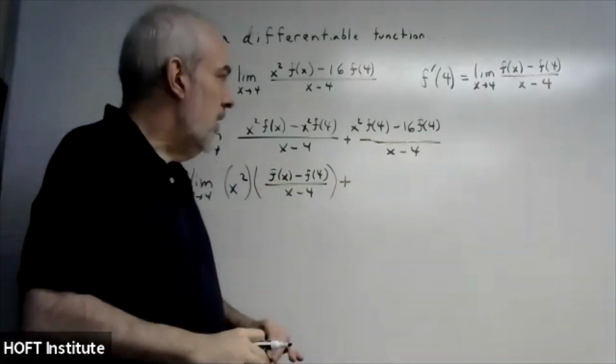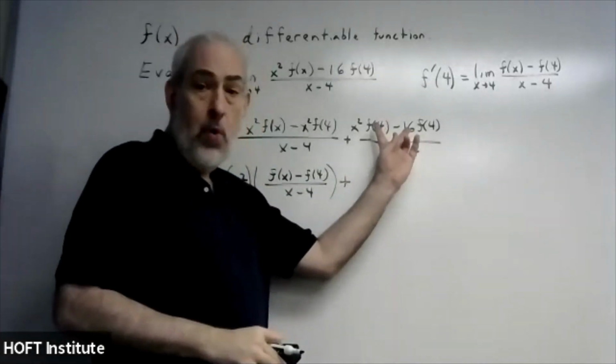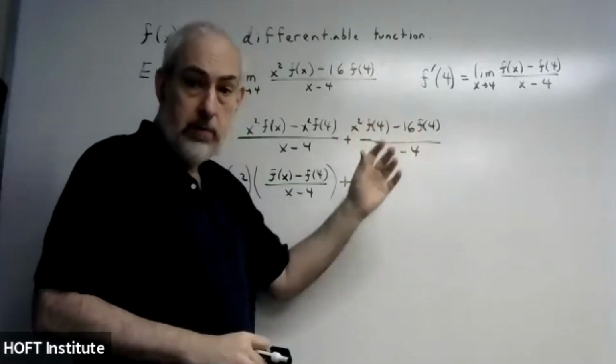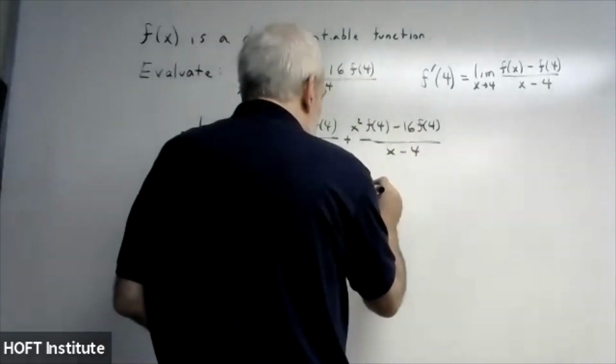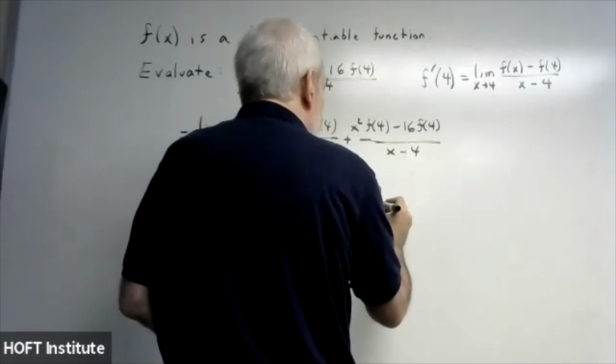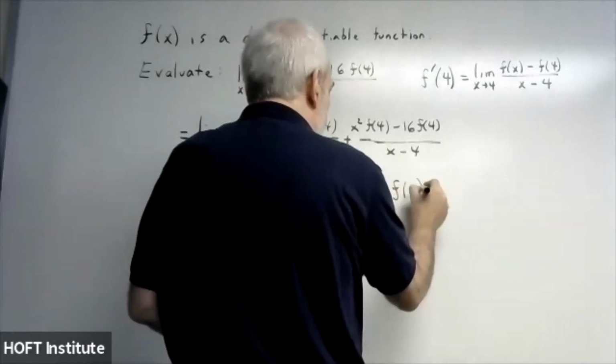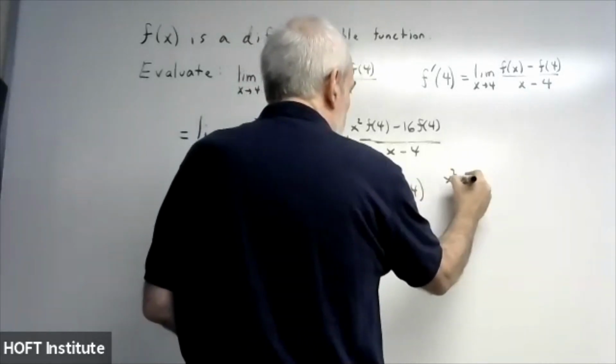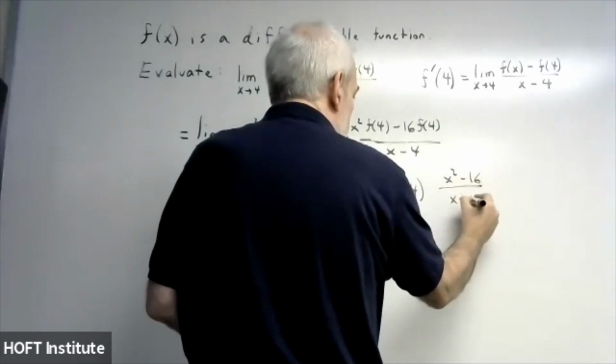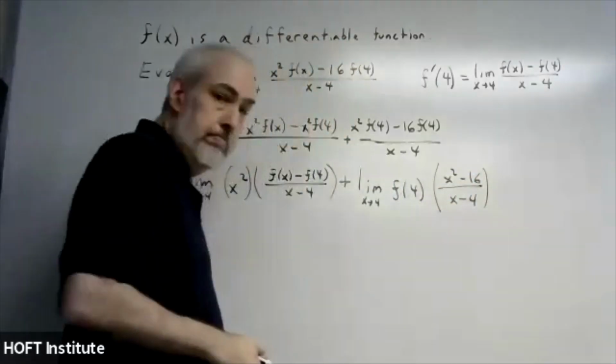Meanwhile, over here, I can factor an f of 4 out of both terms on the top there. So I can write that as f of 4 times x squared minus 16 over x minus 4.